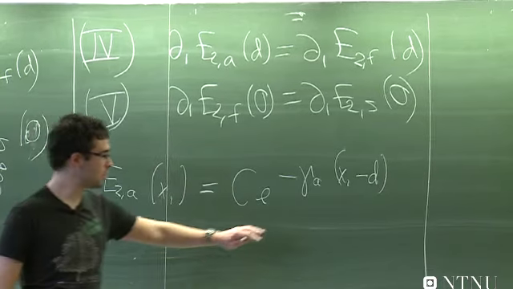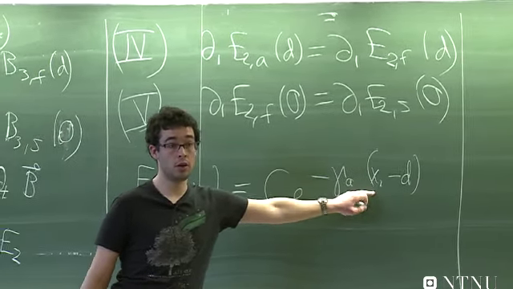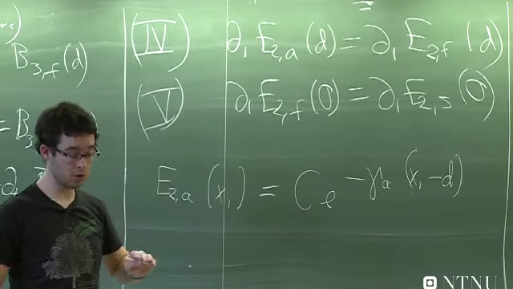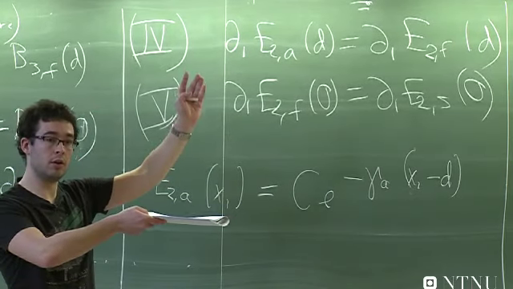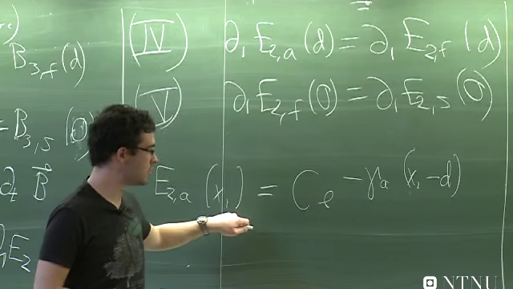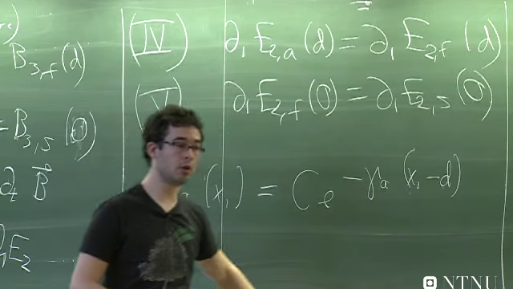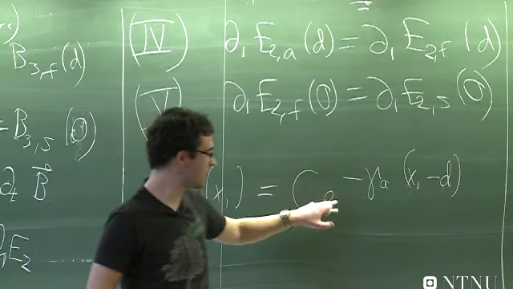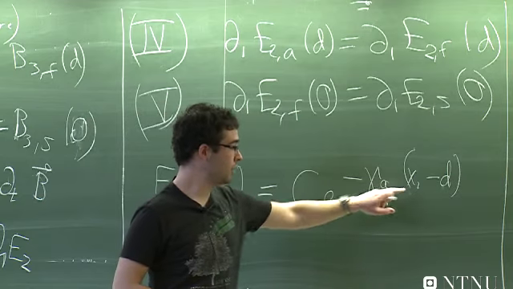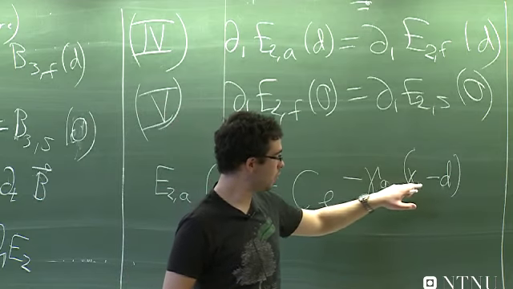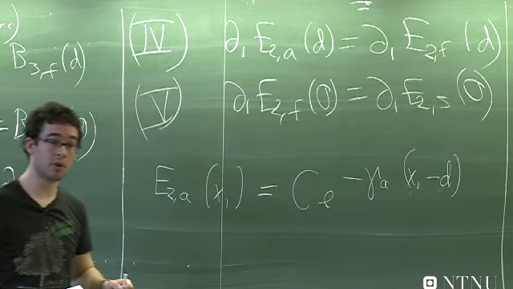Because now we get an exponential decay as we increase x1. So if this is the film and we go up into the air, then the electric field decreases. This d I can introduce because it simply changes my C. I can write this as C e^(-gamma_A x1) times e^(gamma_A d), and I can just put that into my C, right?